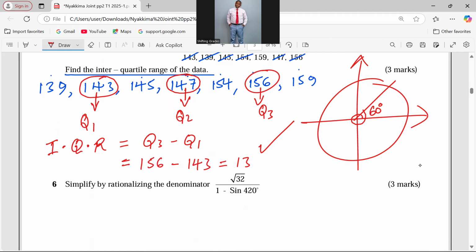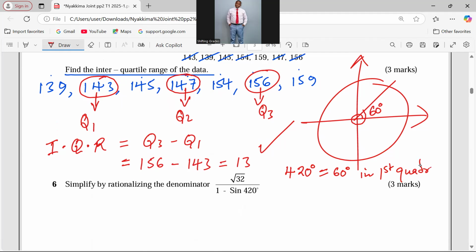So 360 plus an overlap of 60 for me to measure an angle of 420. Therefore, it's good for you to know that the trigonometric ratios of 420 are going to behave as those of 60 in the first quadrant.